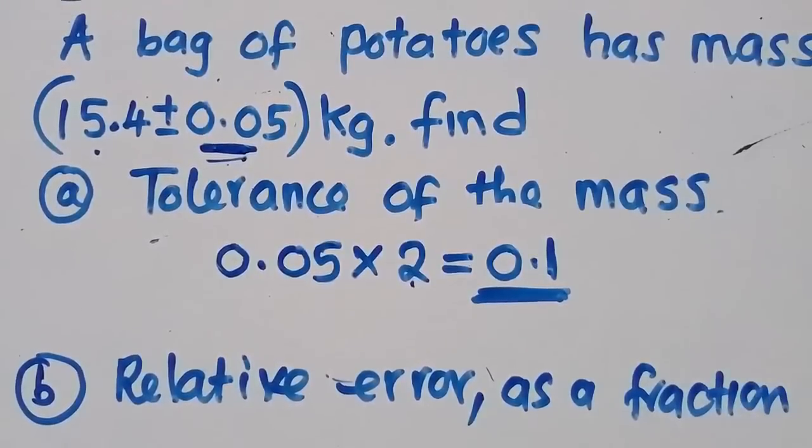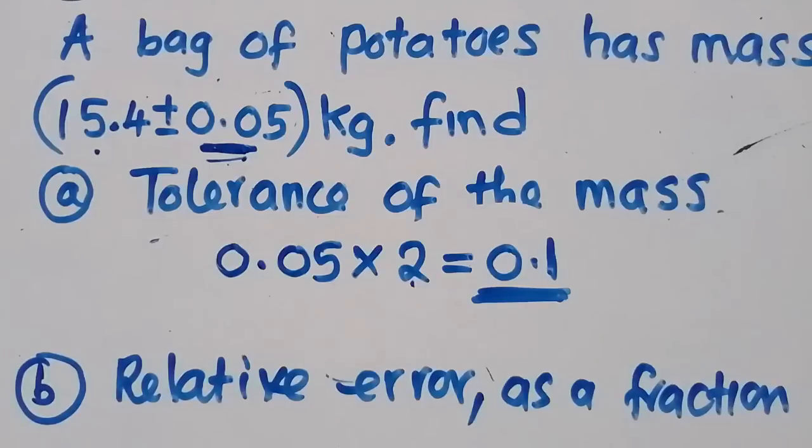Apart from a fraction, it should be in its simplest form. Due to space, I will just tell you that you are told to find the relative error, and the relative error should be as a fraction, not only as a fraction, but in its simplest form.